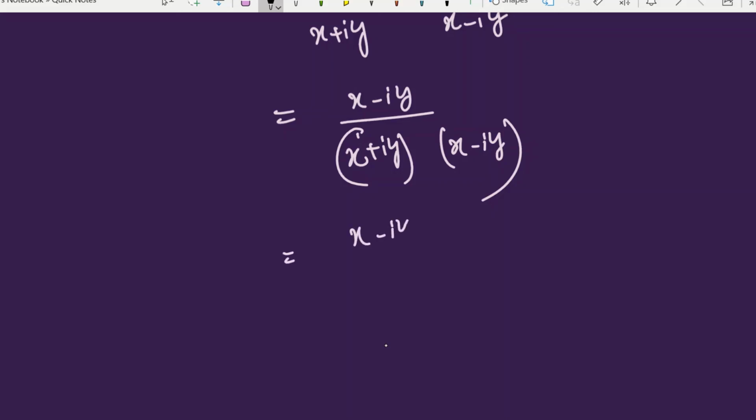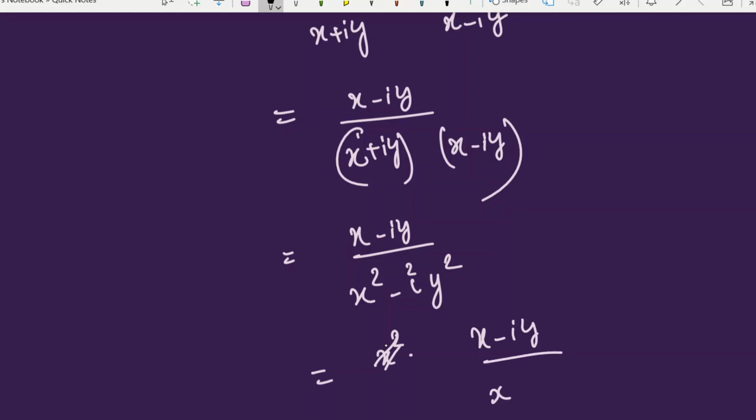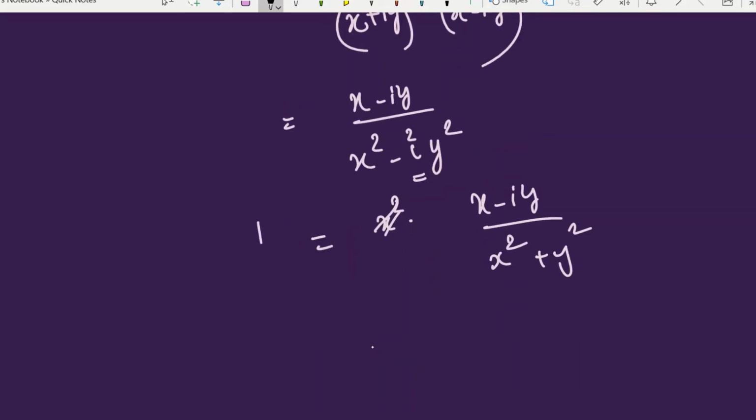So x minus iy divided by a square plus b square. So a square minus b square, but in complex numbers it will become plus because i square value is minus 1. So x minus iy divided by x square, i square value is minus 1, it will become plus x square plus y square. This is my 1 by z value. 1 by z value is x minus iy by x square plus y square.